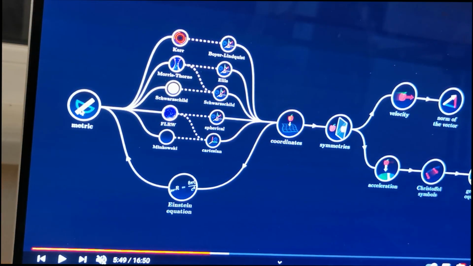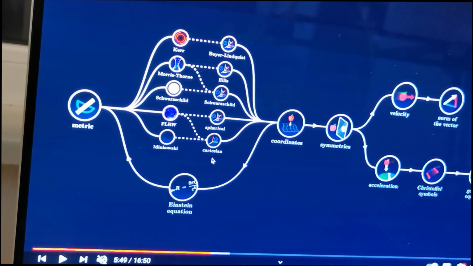Basically, we need to start from a metric, and for different tasks we can choose different metrics, and for different metrics we can choose different coordinates. The Minkowski metric provides us with Cartesian coordinates usually, and we have the Schwarzschild metric with Schwarzschild coordinates, the spherical ones.